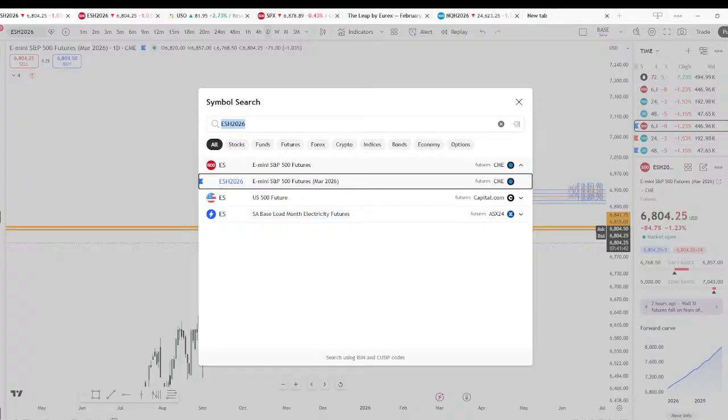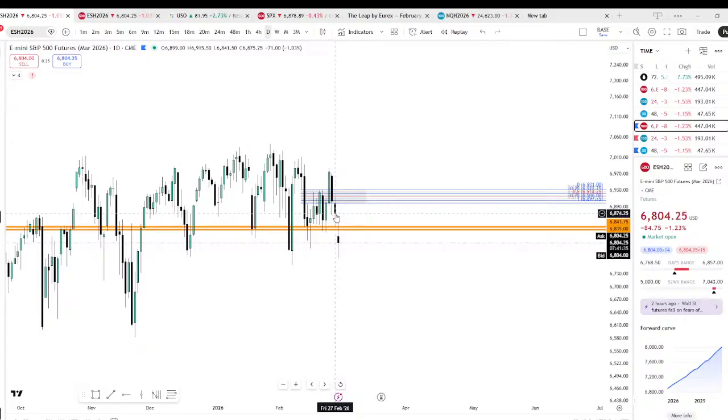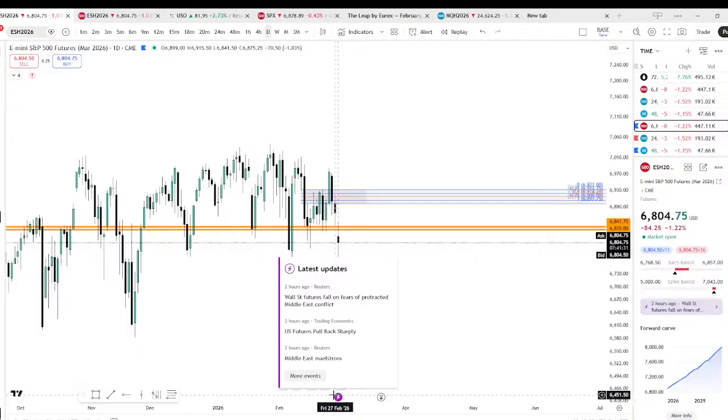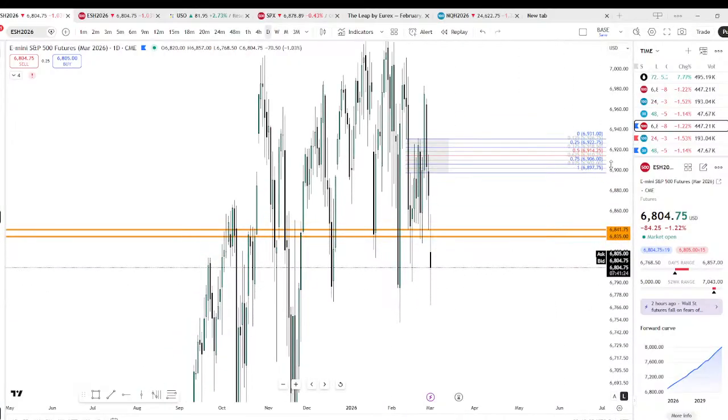Given that we are approaching expiration for the contract, if you can see, we had a large opening gap because of the war talk that's been going on. Let's see what the headlines are. Where's the news here?